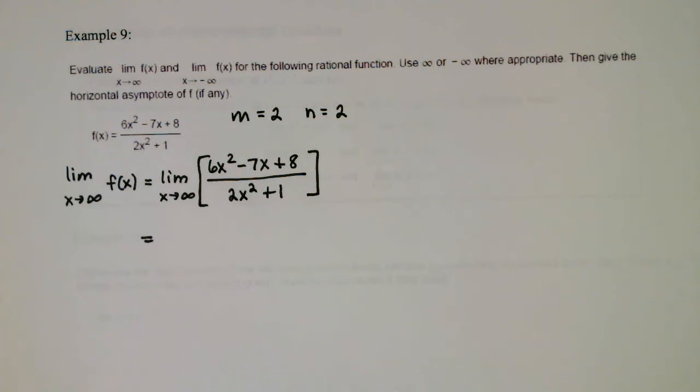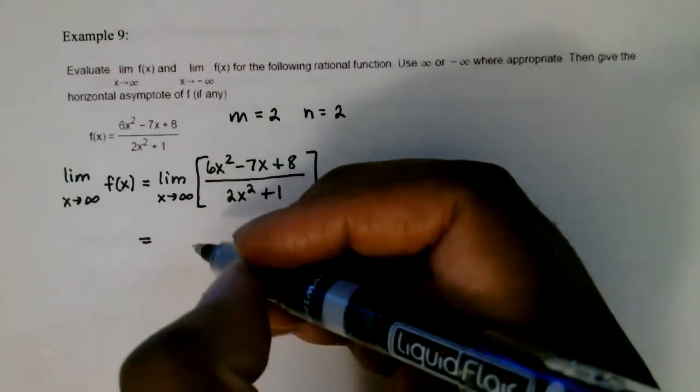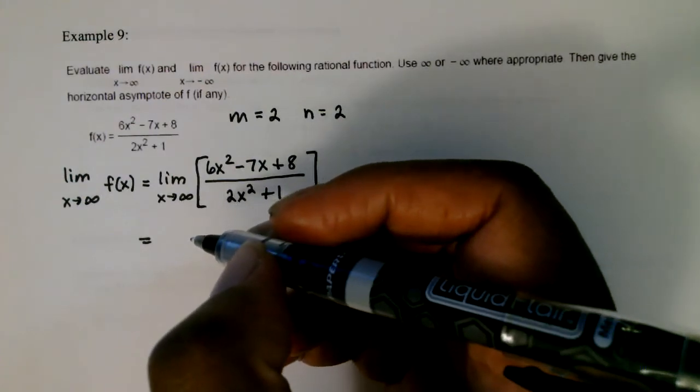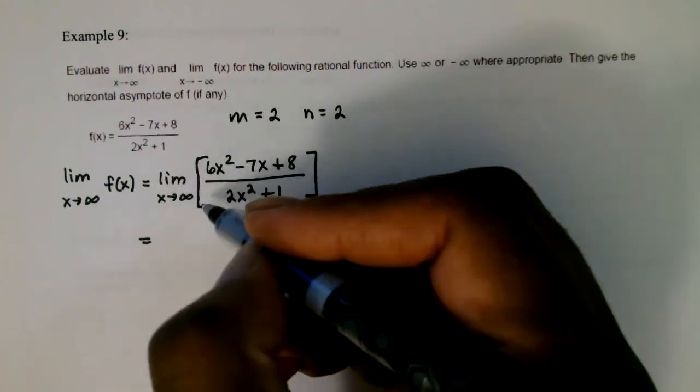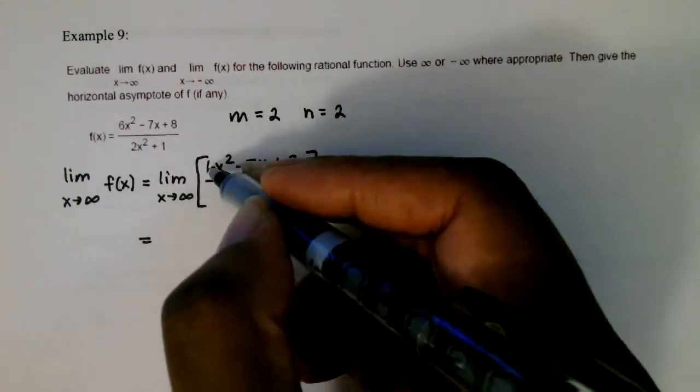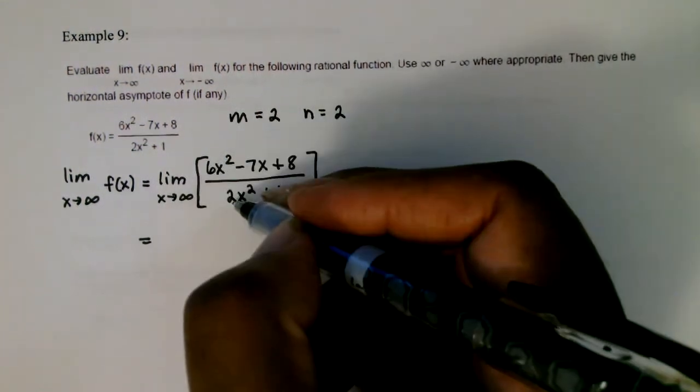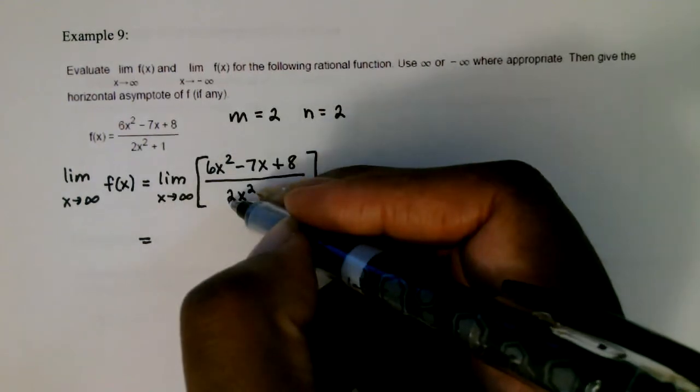Okay, so in this case here, using that rule in Theorem 2.7 Part B, the limit of this will be going towards these leading coefficients in the numerator and the denominator.